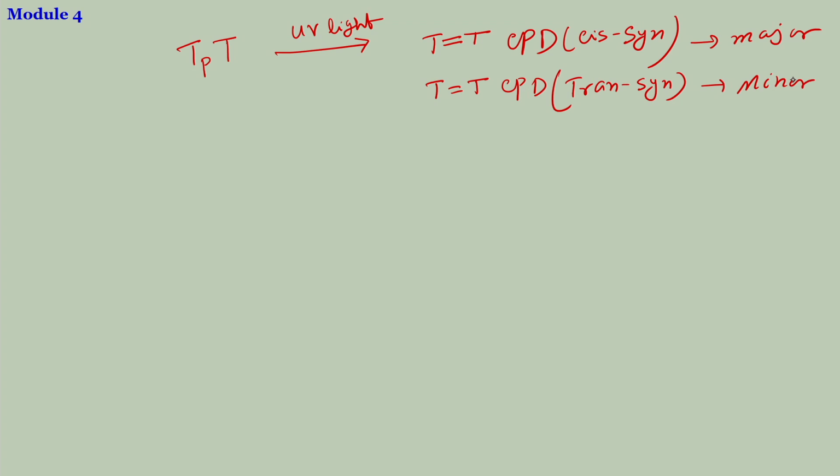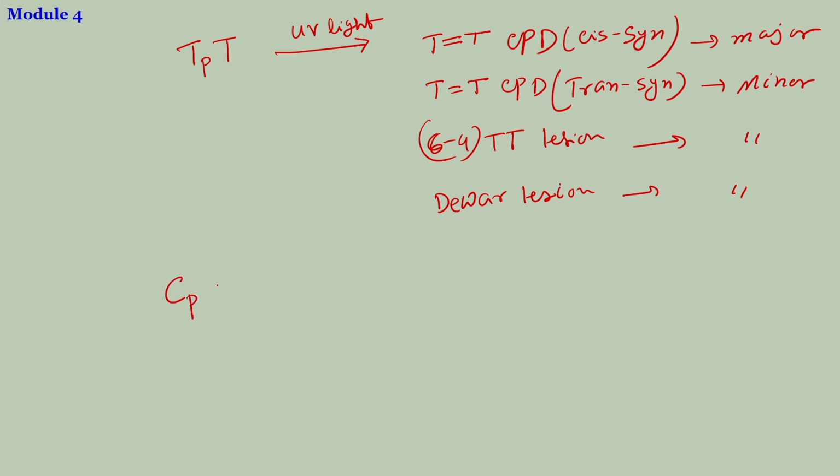The other one is also minor, the cis anti, and then you have 6,4 TT or TPT lesion, that is also a minor product, and then this one was converting into the Dewar valence isomer, Dewar lesion, that is also the minor product.